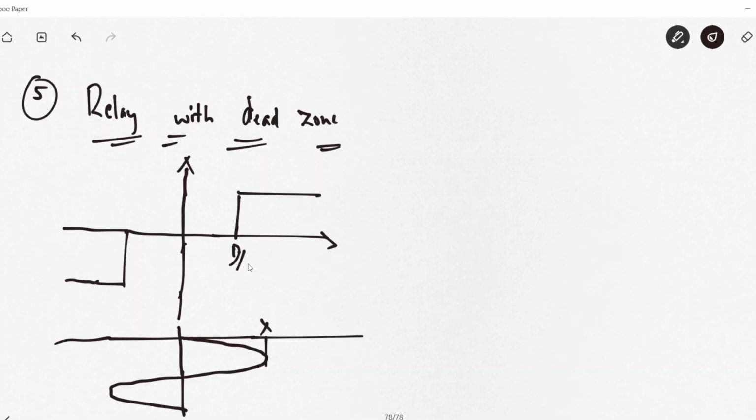Say, for example, this is d by 2, the magnitude is M here, and this width is d by 2, so this is minus d by 2. If X is less than d by 2, then the output will be 0. That's the effect of the dead zone. X has to be greater than d by 2 for any output to be there.